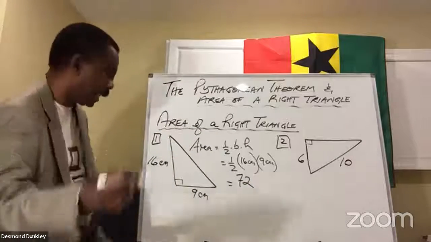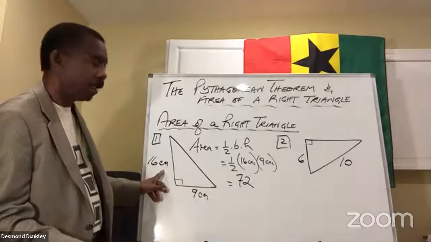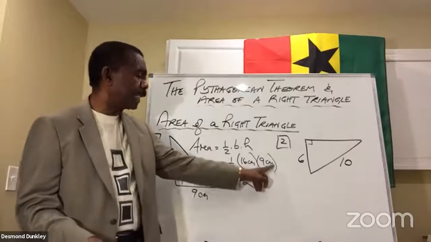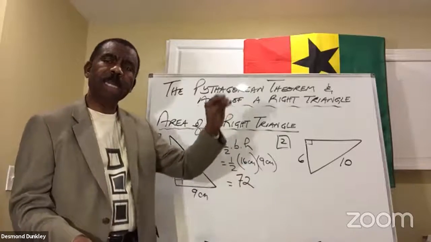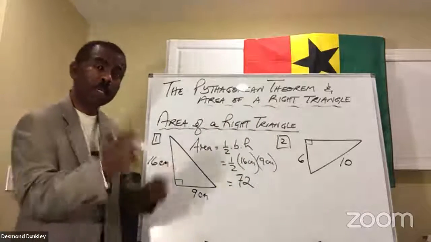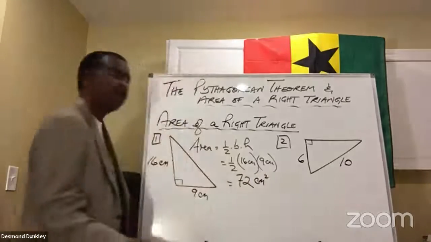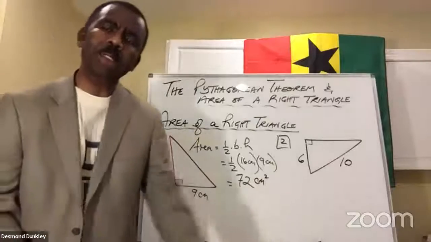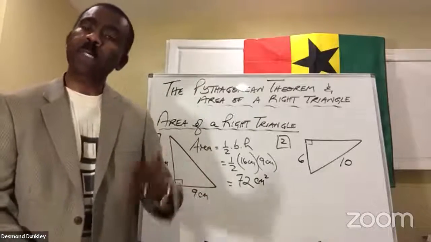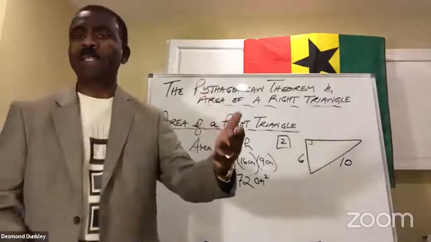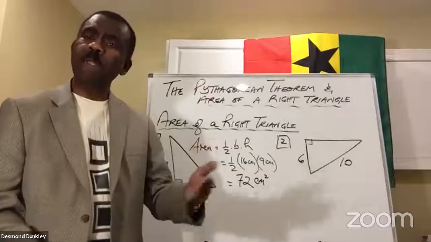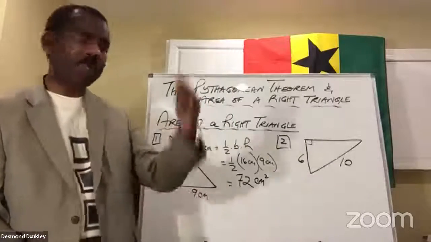And of course, the length is in centimeters, and you have length times length, centimeters times centimeters. The unit for the area becomes centimeters squared. Or you could say square centimeters. You will see square yards, square feet, square inches, etc.